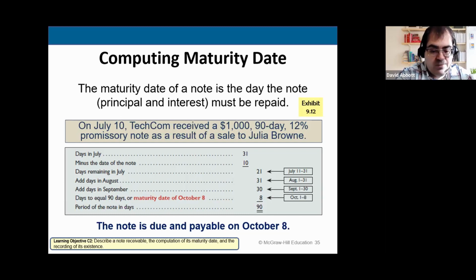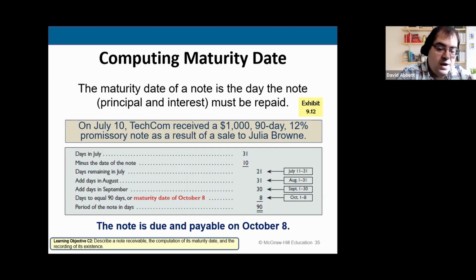As an example, a 5-day note dated June the 15th matures and is due on June the 20th. A 90-day note dated July the 10th matures on October the 8th. This October 8th due date is calculated as shown in this slide.